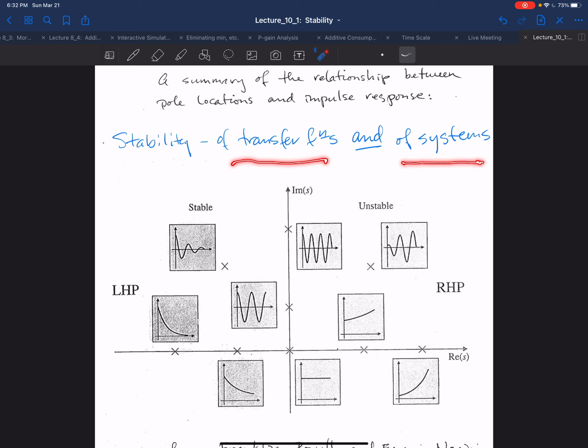Now, what's the difference? In this course, we're mainly using transfer functions as our principal model of systems. But recall what the basic definition of a system is. A system is a mapping from a space of input signals to output signals. And our notion of stability that we apply to systems is going to recognize that fact.